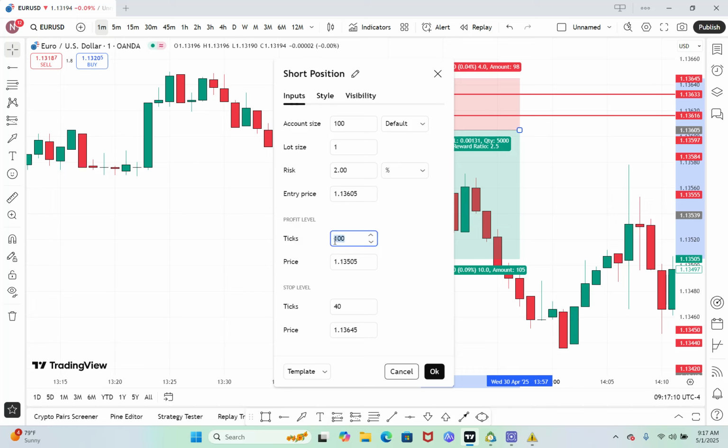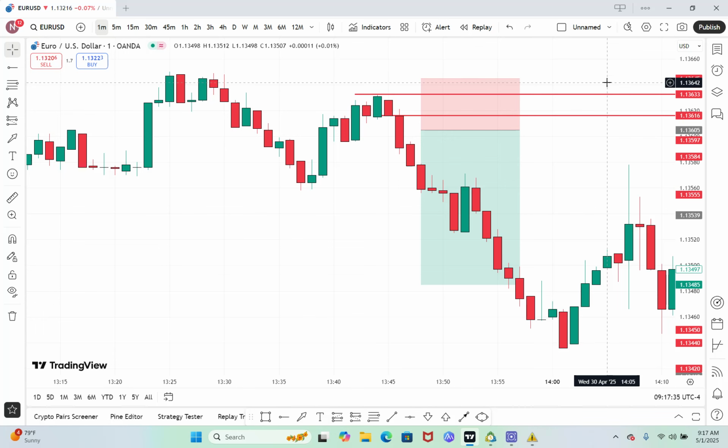Risking 40 pip, which is 40 cents because we are using 0.01 lot size, to make 120 pip. So risking 40 cents to make $1.20. That is how we compound in our account.